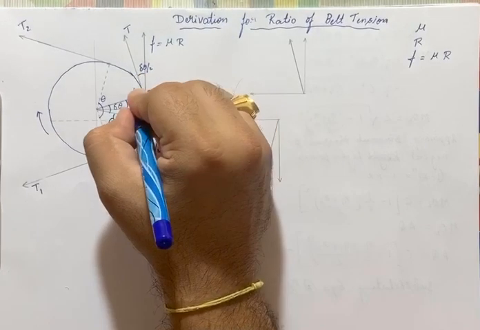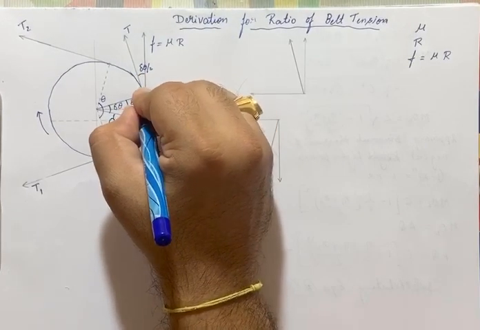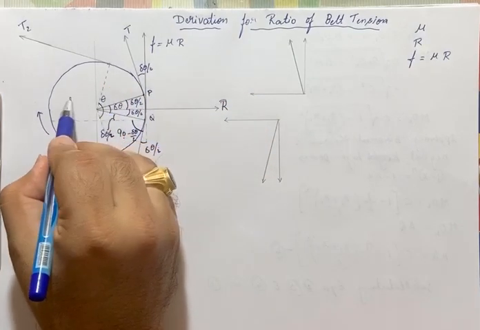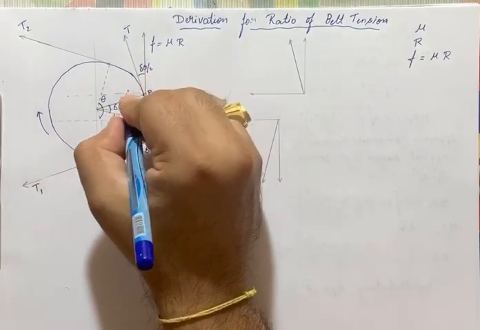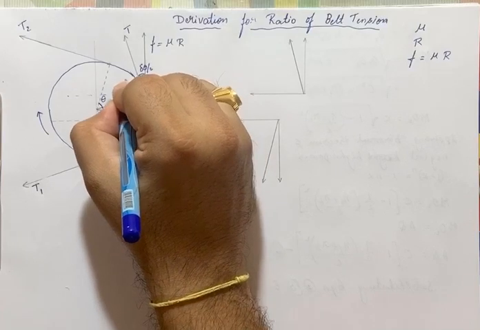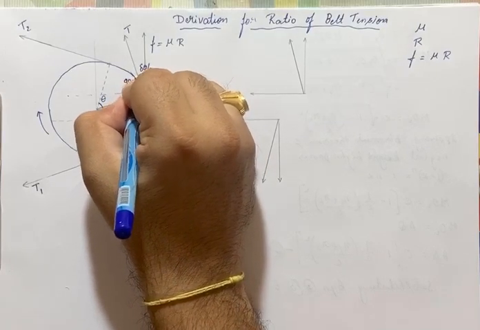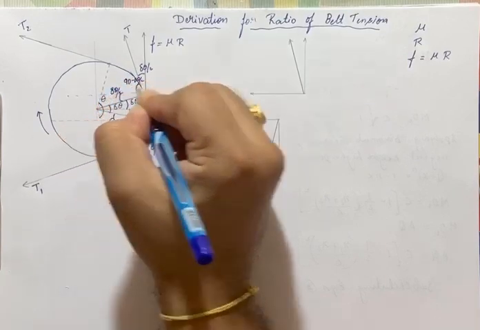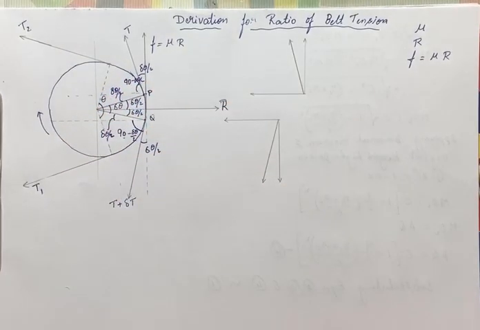Similarly, on this side also. If I draw one line like this, this will be 90 minus delta theta by 2, and this will be delta theta by 2. These are the angles we have considered.